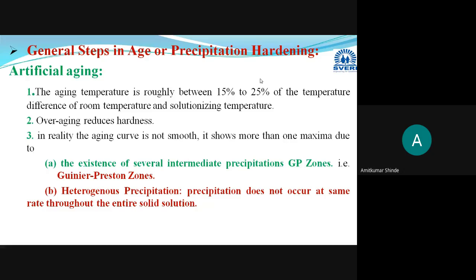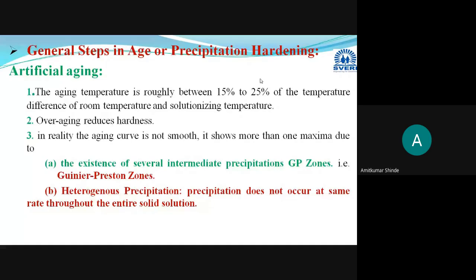Here, the important factor is the temperature selection, and how to select it. You have to take the temperature difference between the solutionizing temperature, at which you get a single homogeneous phase throughout the alloy, and room temperature.